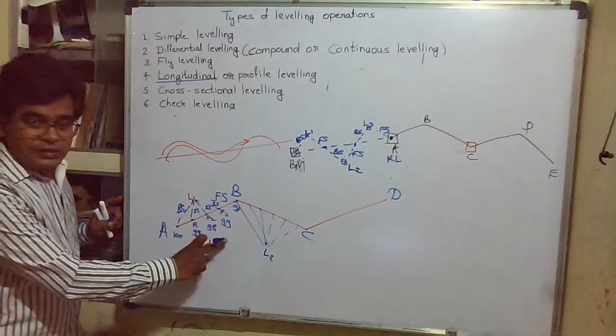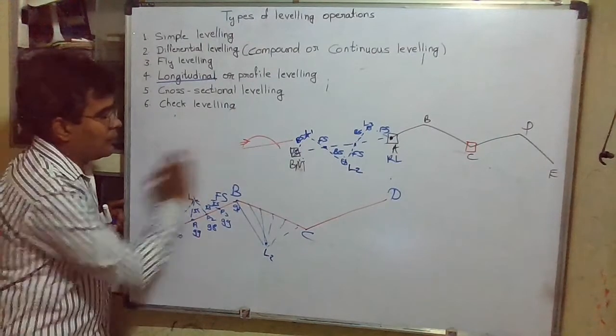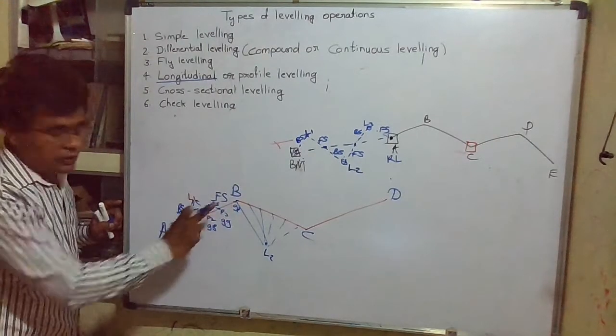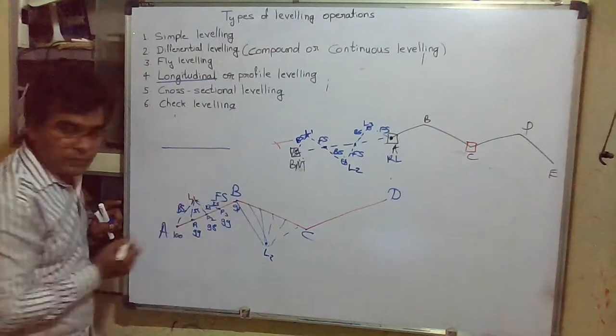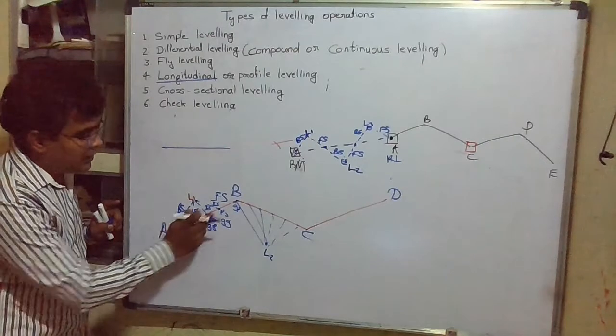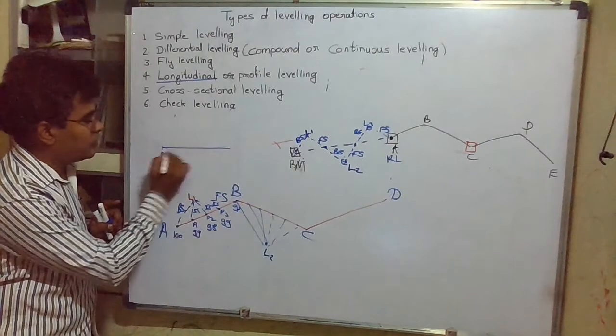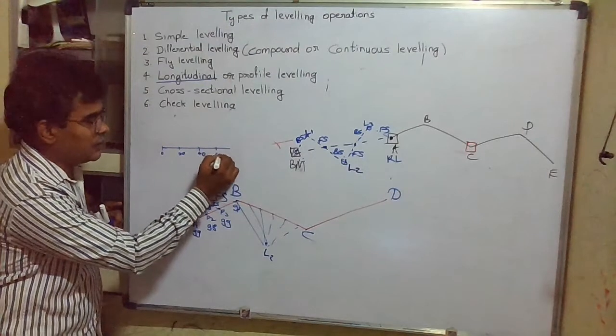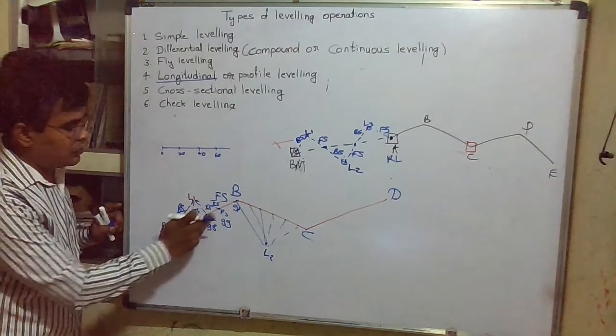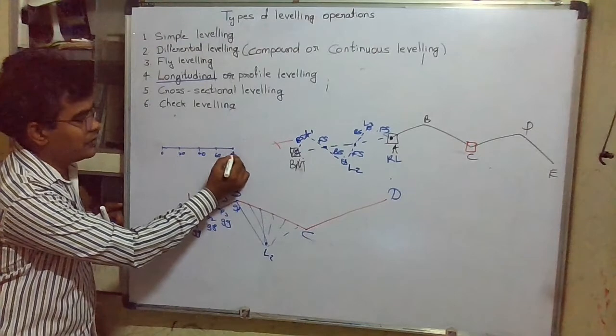So by knowing this, we can draw a graph. We can draw the longitudinal section of this road. Suppose this is our alignment AB, and we know these readings are taken at 20 meter intervals. So this is our 0, 20, 40, 60, and then suppose our last chainage is 80.